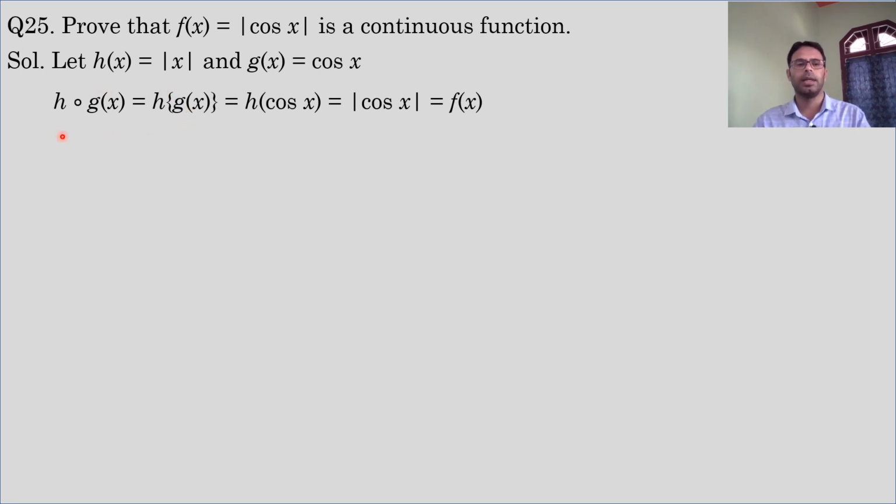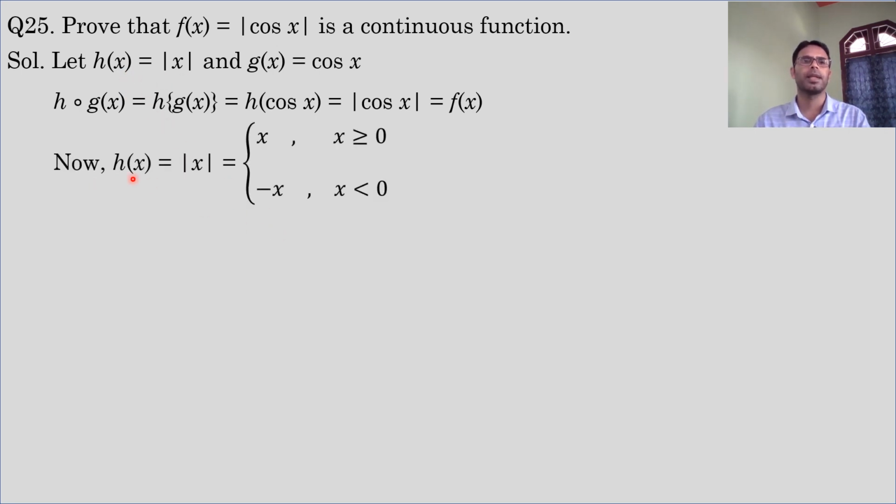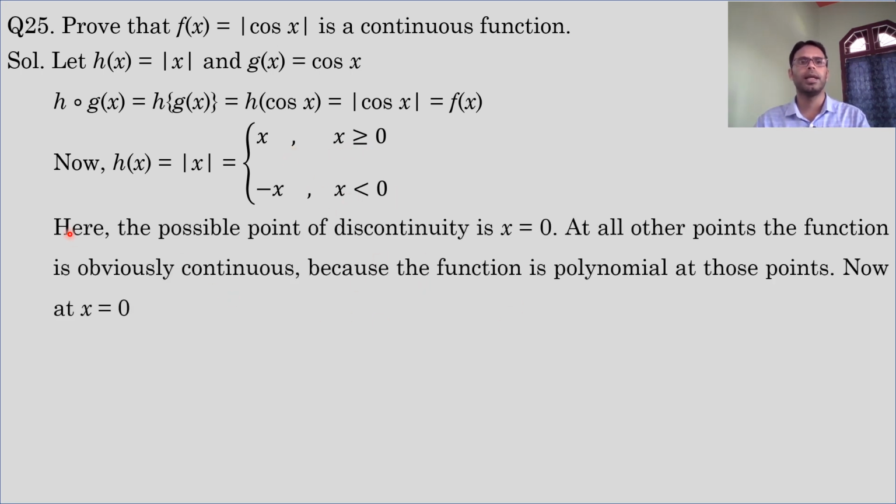So we write the continuity part of h(x) equal to mod x, removing the modulus sign by the definition of mod x. Then the possible point of discontinuity is 0, and at other points it is continuous, because for x greater than 0 it is a polynomial, and for x less than 0 it is also a polynomial. So we write that the possible point of discontinuity is x equal to 0.